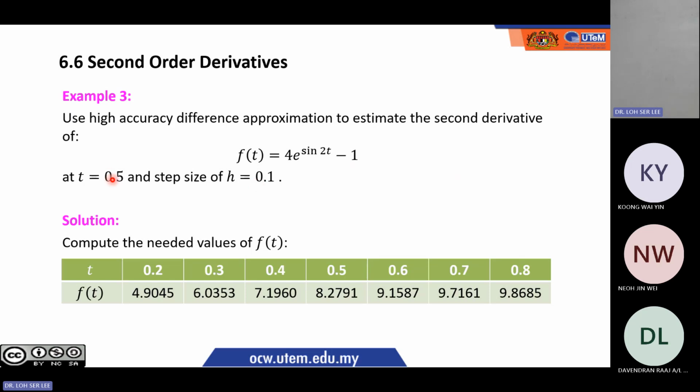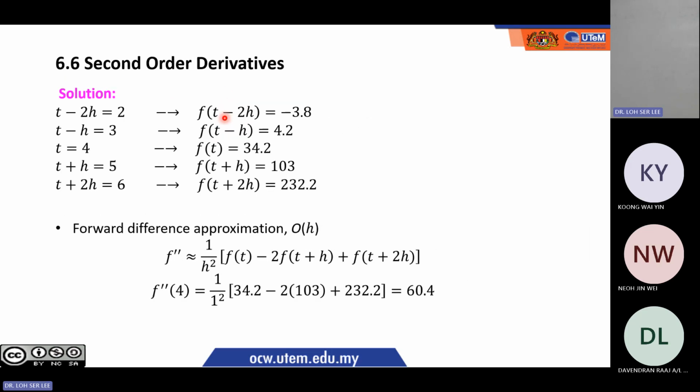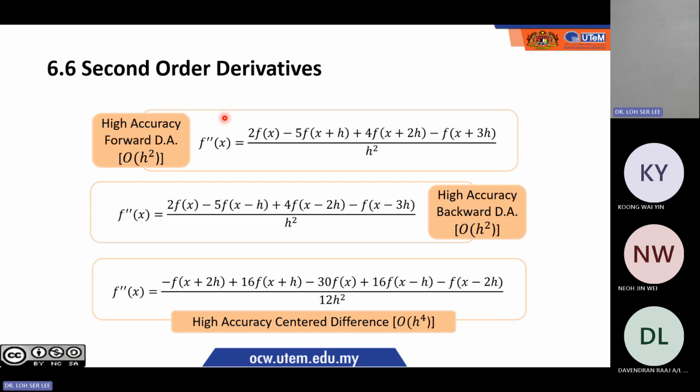So this means 0.5 is the current point. And if you look at the list of formulas, this one needs current, next 3 points; and current, 3 points before. So altogether, how many points do we need? 7.